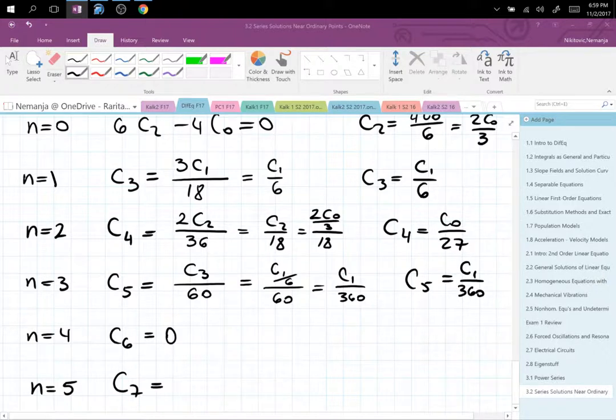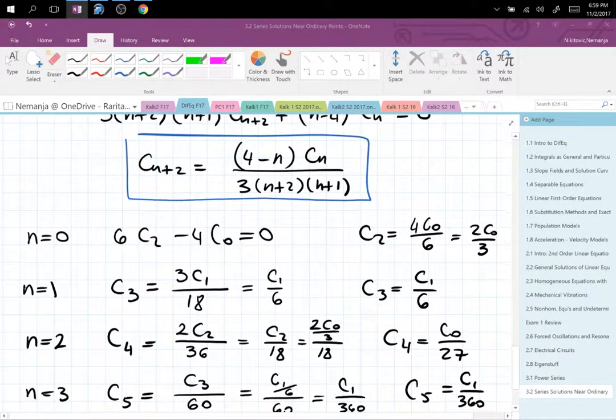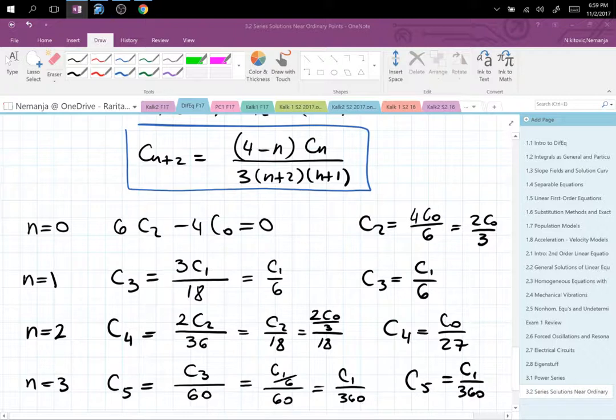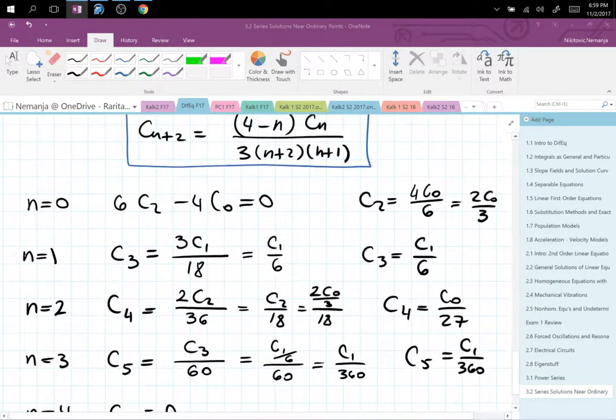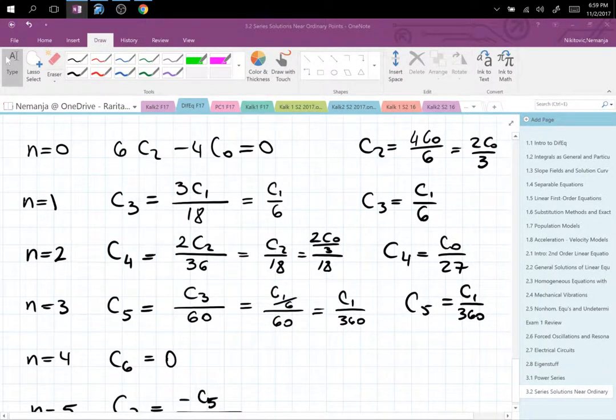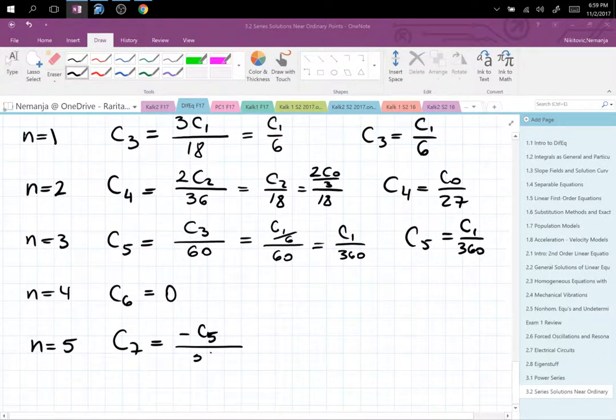N equals 5 is c7. What's c7? So that's negative 1 Cn. So negative c5 divided by, now we have 6 factorial, that's 720 divided by 360. And then that gives us negative c1 over 360 over 360.